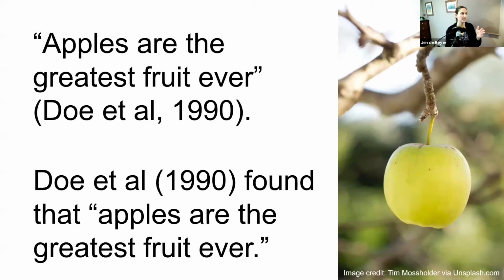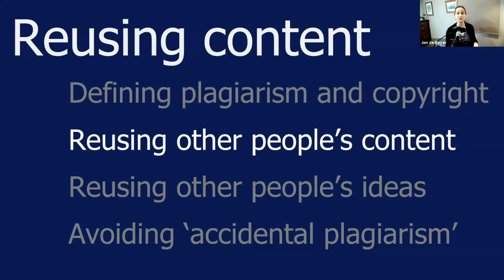If it is the one perfect sentence and no one will ever read the original work again, then it's not fair dealing. But for the most part, for journal articles and review articles, that's not going to be the case. So that's what I can do with my text. That's all I have to do. And then it's not plagiarism, and I'm making it very, very clear. So that's when I'm reusing other people's content.